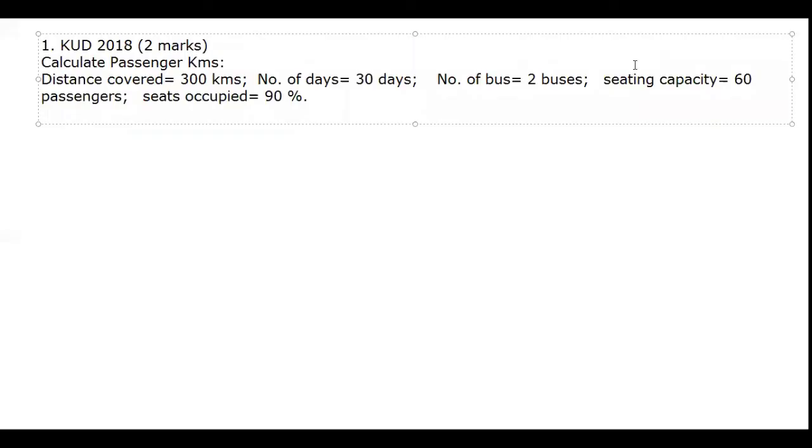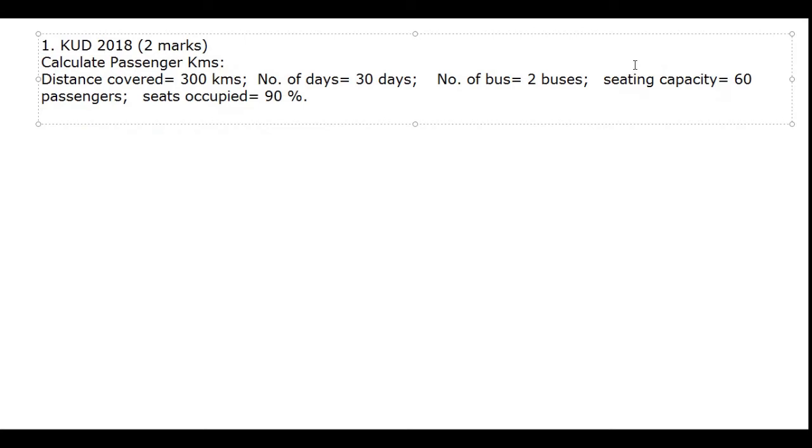Yes students, let's solve a few problems today. In this session I'll be solving very simple problems which will be asked for 2 marks. Problem one, which you are seeing on this slide or board, was asked for 2 marks in the year 2018 from Karnataka University, Dharwad. It is regarding passenger kilometers.